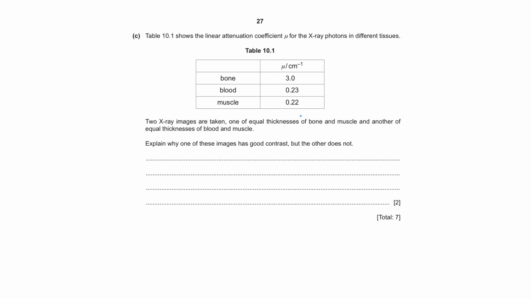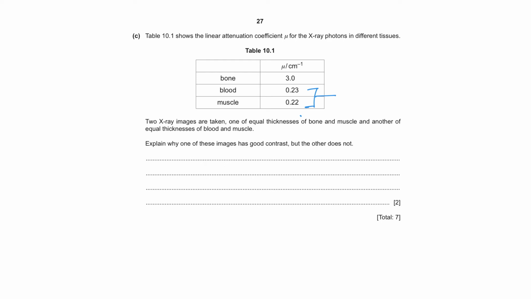And the amount of X-ray that is absorbed depends on the linear attenuation coefficient. So we can clearly see that blood and muscle have roughly the same value for linear attenuation coefficient. So they'll both absorb the same amount of X-ray, so we'll get an equal amount of blackness on our X-ray film. So the contrast won't be good.